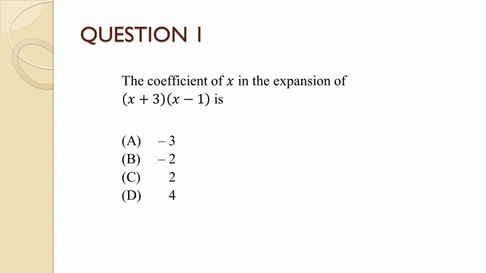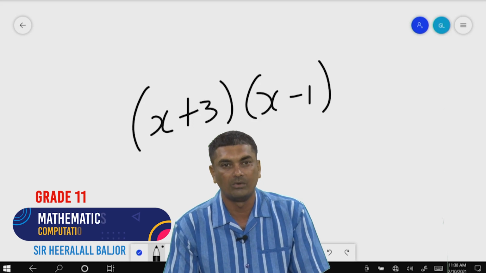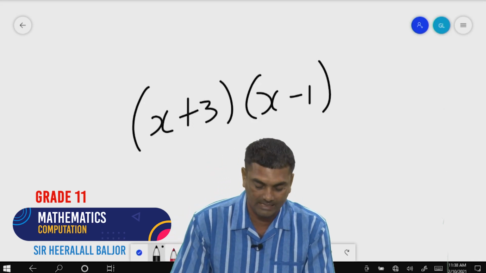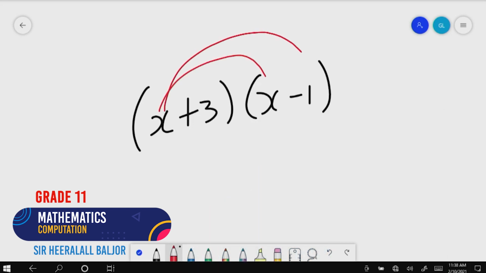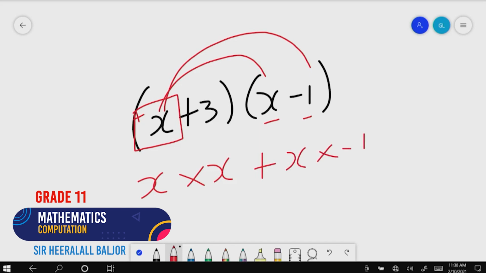This question reads, the coefficient of x in the expansion of (x + 3)(x - 1) is. They're looking for the coefficient of x. If we were to expand the brackets here, we would use the first value in the first bracket, distributing throughout the other bracket. It would be x times x, plus, and this value is positive, x times minus 1.